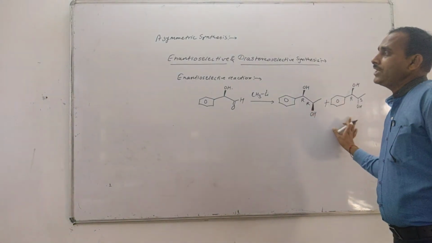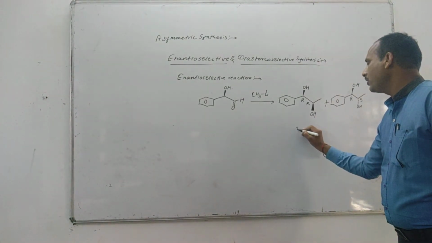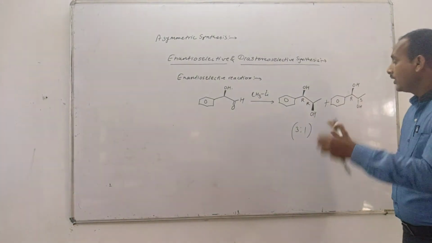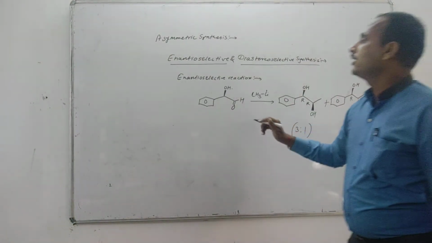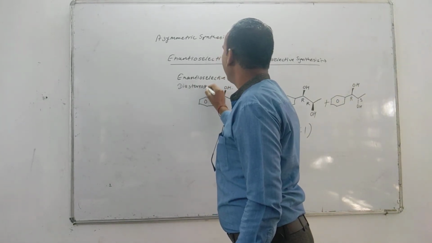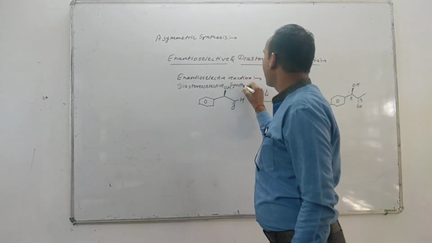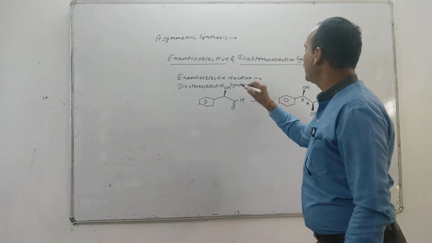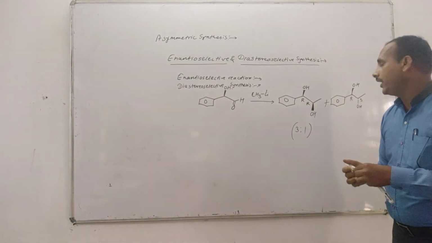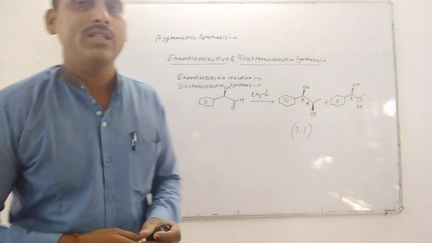As these are two diastereomers, one of the products is in excess, so this may be in a 3:1 proportion. So one product is in excess, and therefore the reaction is a diastereoselective reaction or synthesis. When we get two diastereomers and one is in excess, the synthesis is called diastereoselective synthesis.